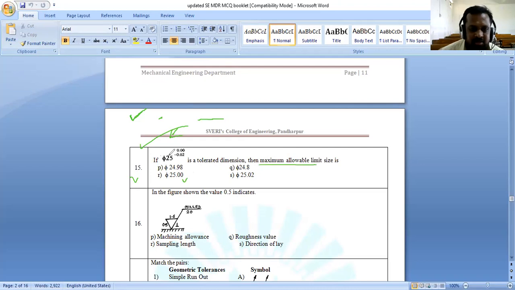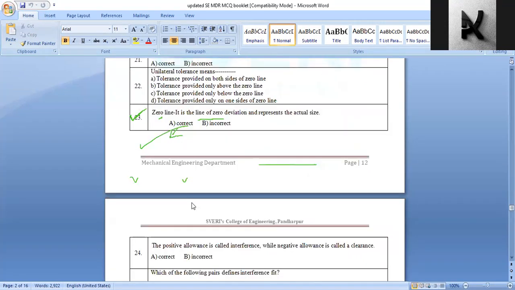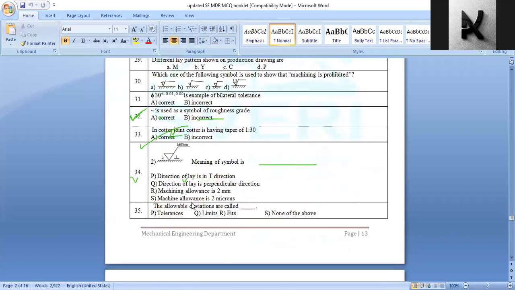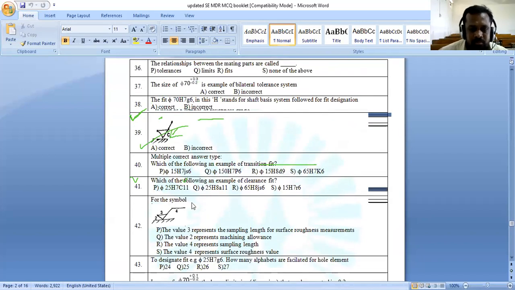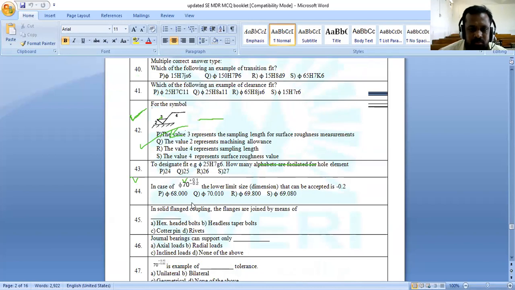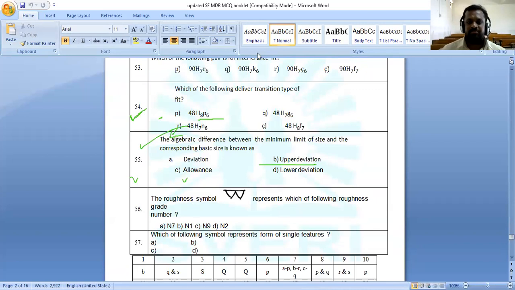They have given 25 plus and minus 0.0, which means it is 25 only. Okay, so understood? Yes, sir.